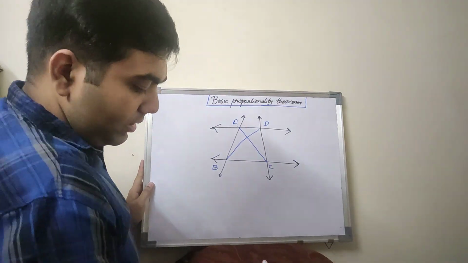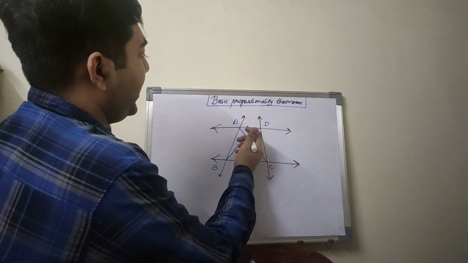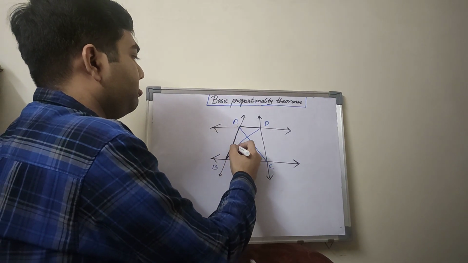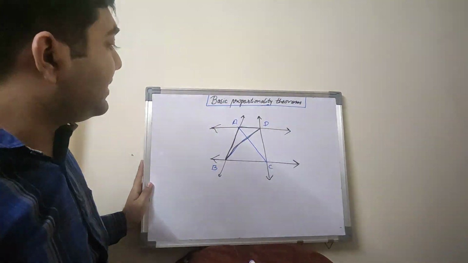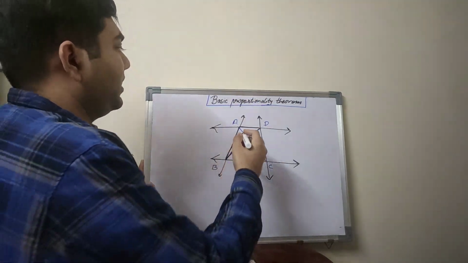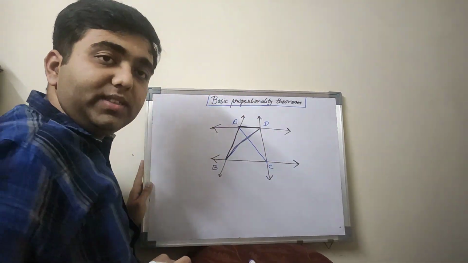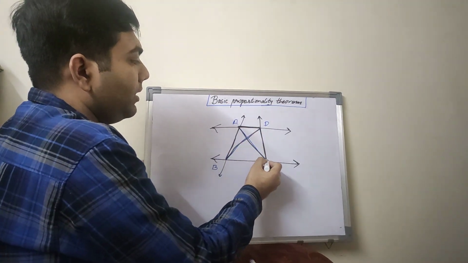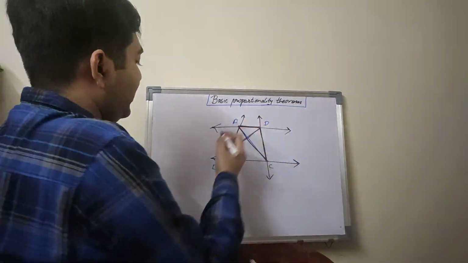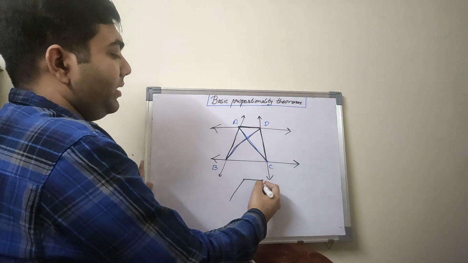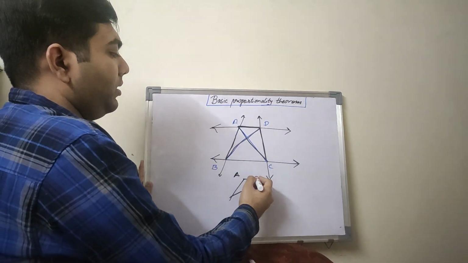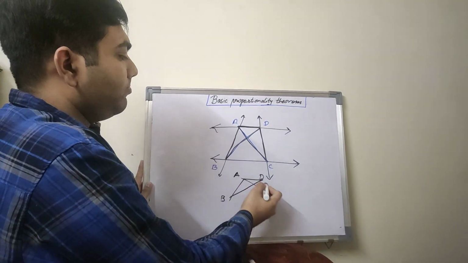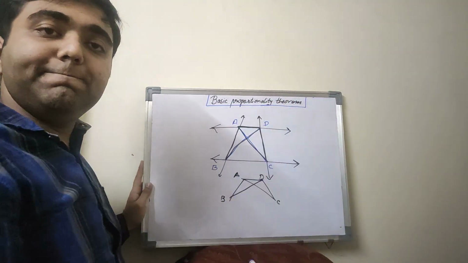I'm going to highlight this. First triangle is ABD, and the second triangle, once again I am to highlight ADC. I'll draw these two triangles over here separately, ADB and ADC.